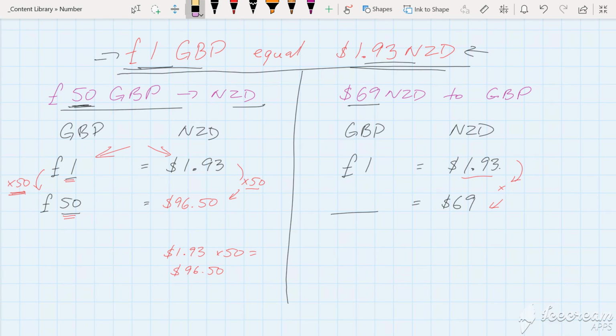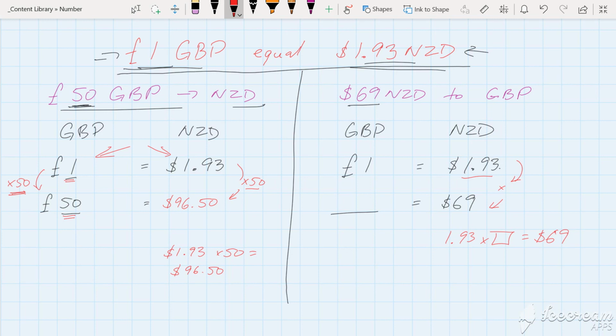Now we're going to use a little bit of division in order to do this. So we're going to use our reverse operation. So I'm trying to figure out 1.93 times what equals $69.